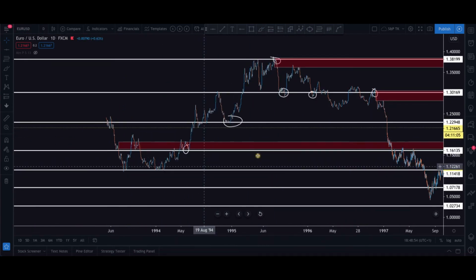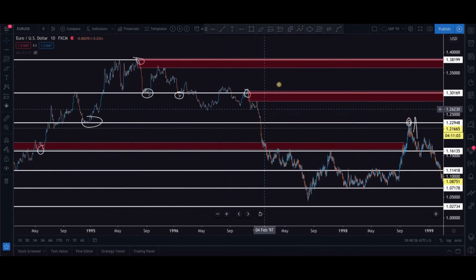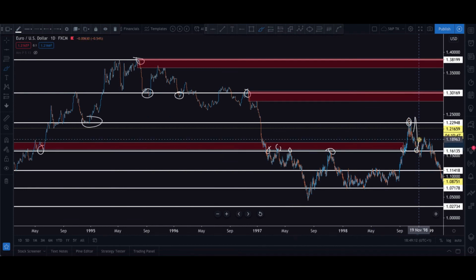So for example, this is a good area. As you can see here, here, here as well, then it broke, then reacted as well, then went up, then reacted here, went up again, look.